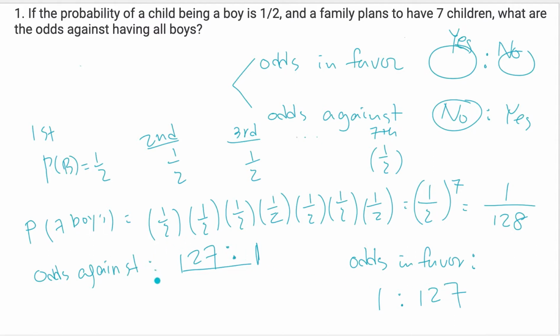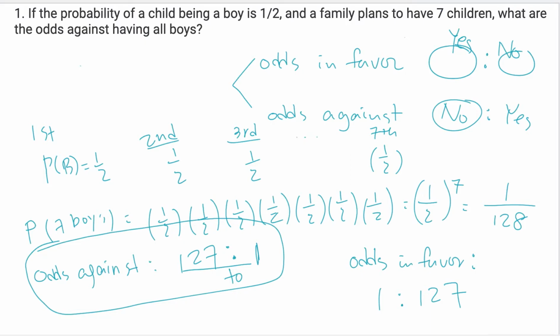So odds against 7 straight boys is that will not happen to that will happen. So together, that makes the denominator. Does it make sense? So odds against having all boys should be 127 to 1. Okay, you can of course write this into words as that. Okay, that's what it means.